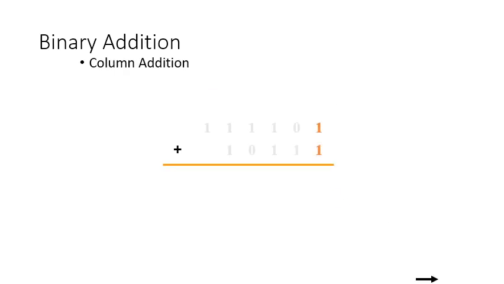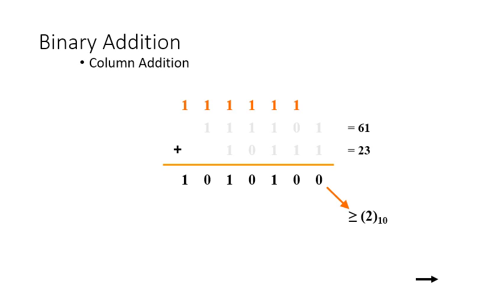Next is binary addition. In the case of binary addition, suppose we have these two numbers, 11101 plus 10111. Starting from the least significant bit, 1 plus 1 is 2, and 2 in binary is 10.